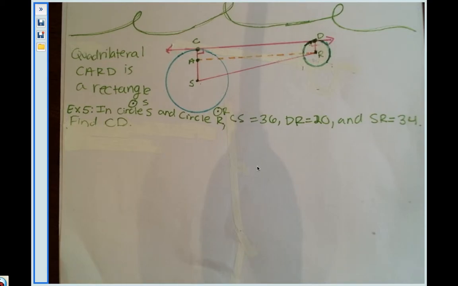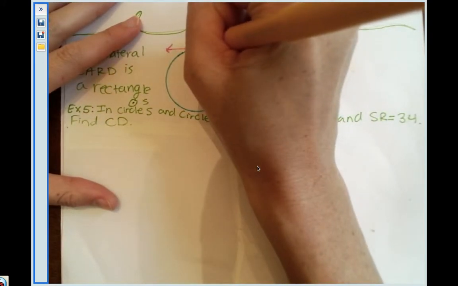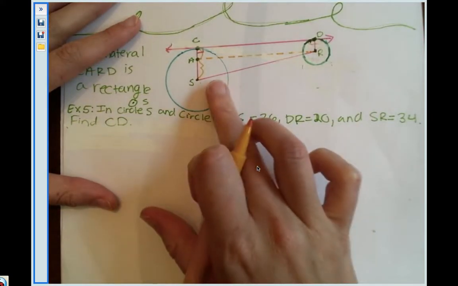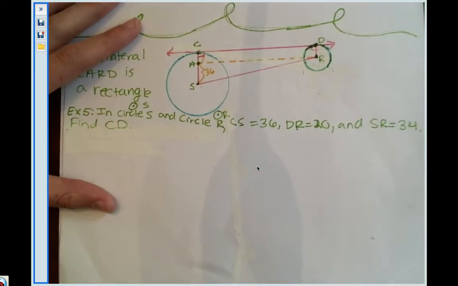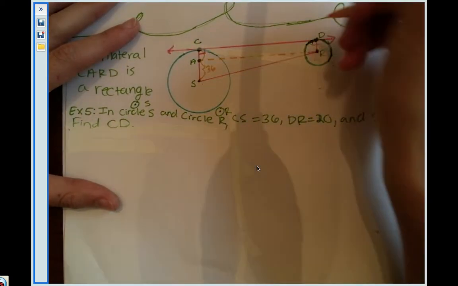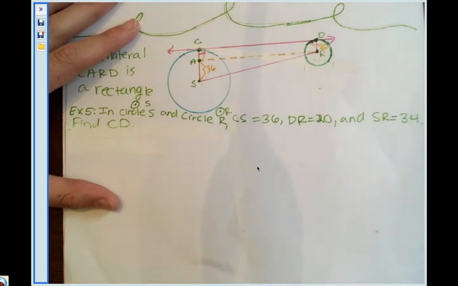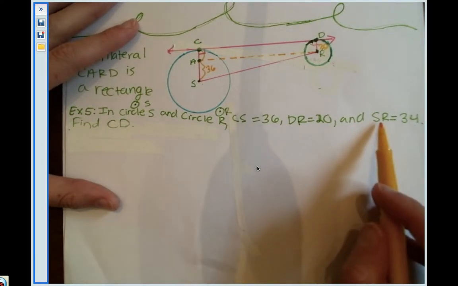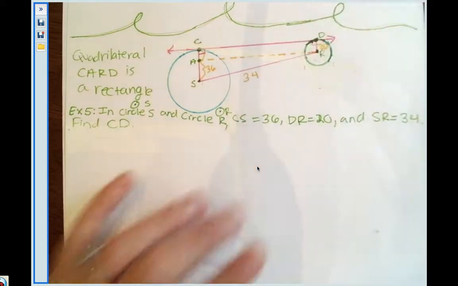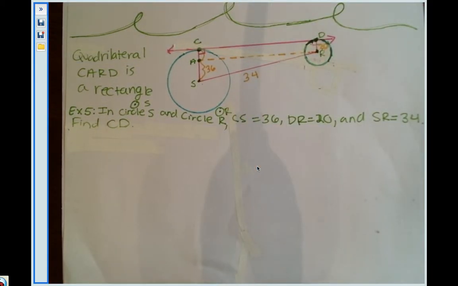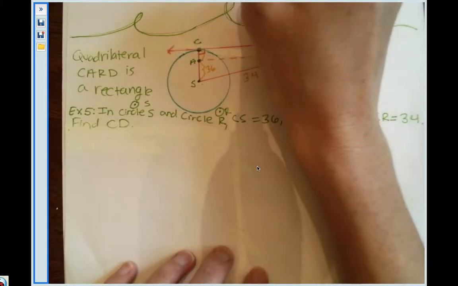So CS equals 36, this whole thing right here, and then DR is 20, so this right here is 20. And then SR is 34, so right here is 34. We want to find CD. This is the one I don't know.